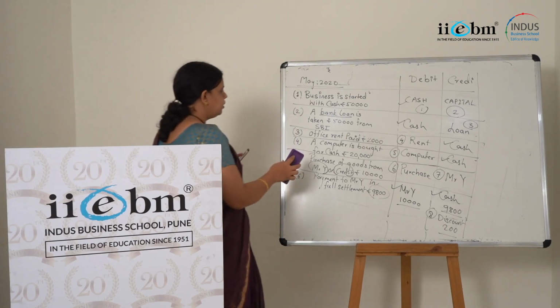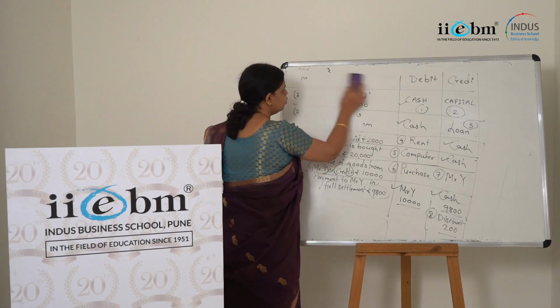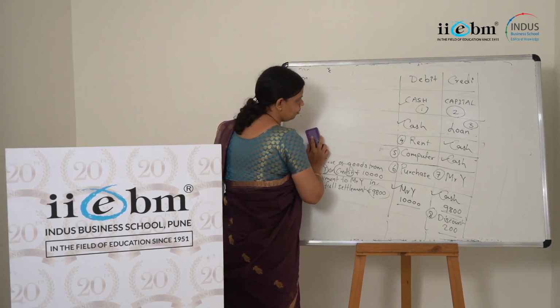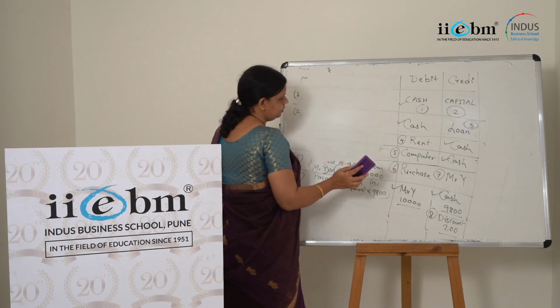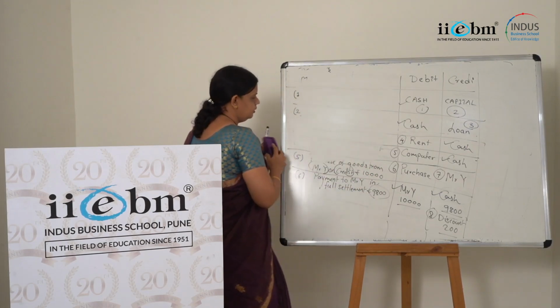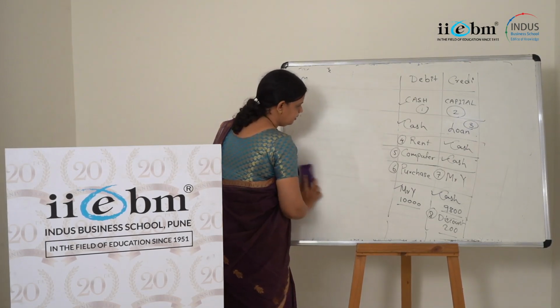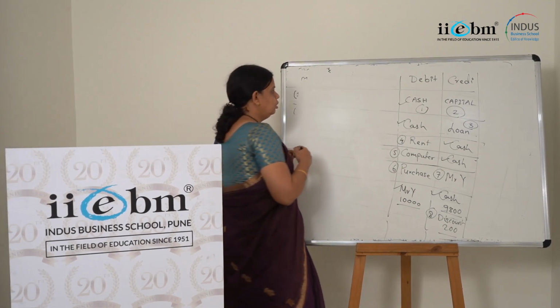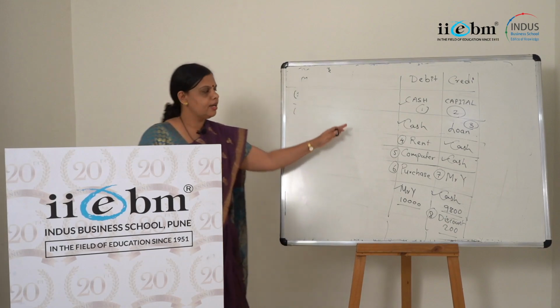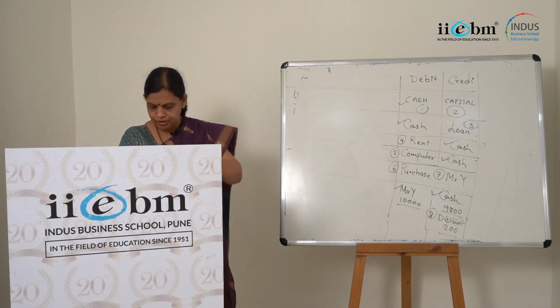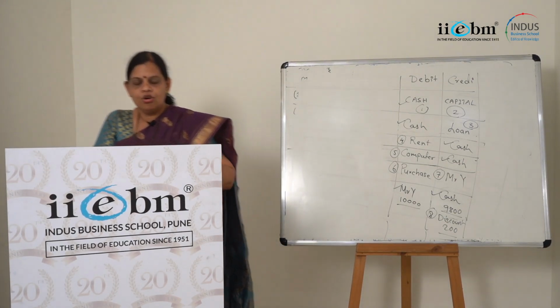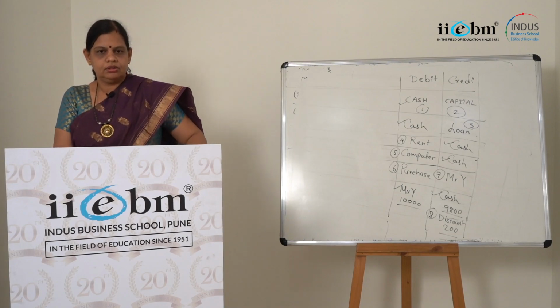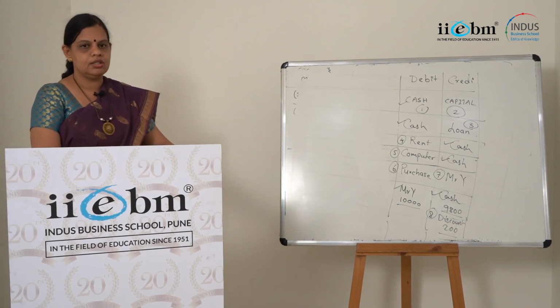Now I'll rub this part of the board. I'm talking about the problem. Now I can proceed and make different accounts, right? I want you to open different ledger accounts and post these transactions.